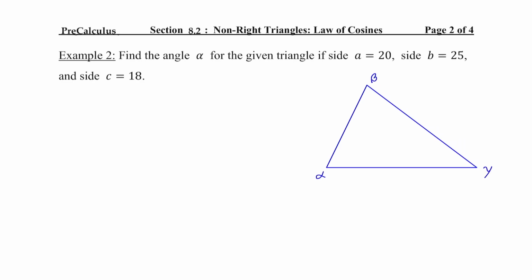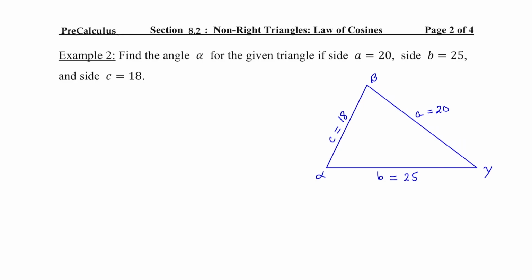So I have angles alpha, beta, and gamma. Side A is the side that is opposite from angle alpha, which is 20. Side B is the side that's opposite from angle beta, which is 25. And side C is the side that's opposite from angle gamma, that is 18.